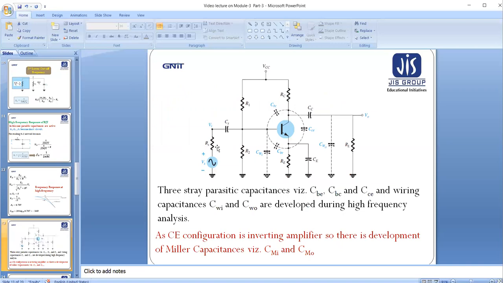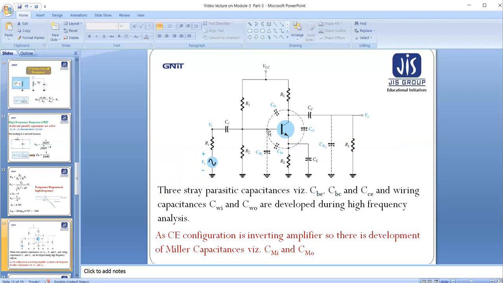Now let us go into the main circuit. If we look carefully at the BJT CE amplifier at high frequency mode, we will observe that these three capacitors are taken to be shorted, but at the same time different capacitors are generated.